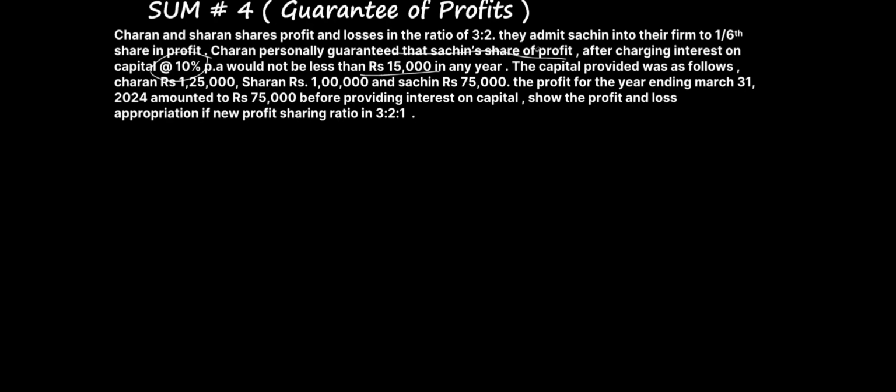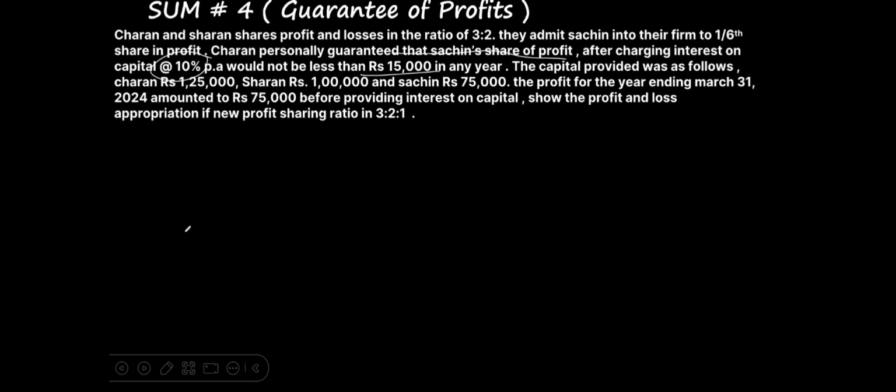The capital provided by Charan is rupees 1,25,000, Sharan rupees 1 lakh and Sachin rupees 75,000. The profit for the year ending March 31st, 2024 amounted to rupees 75,000 before providing interest on capital.